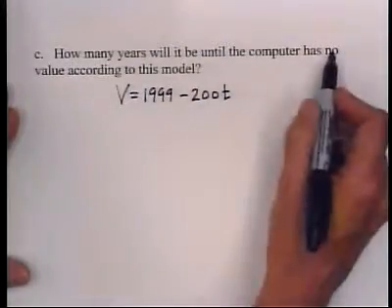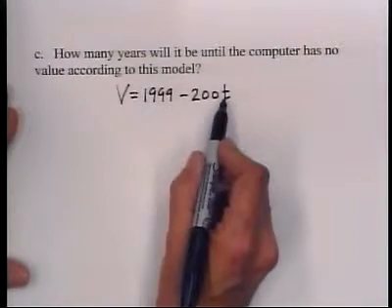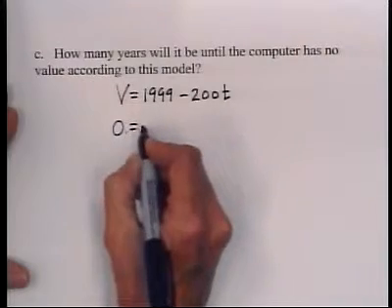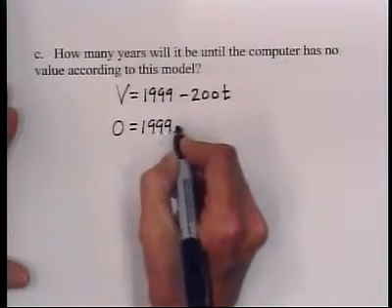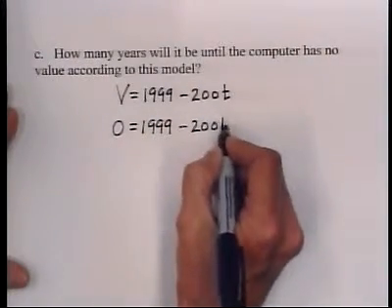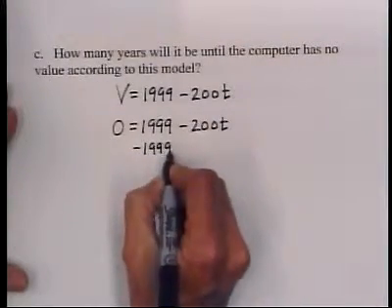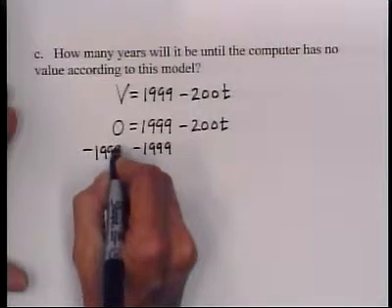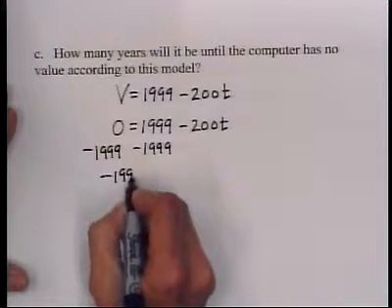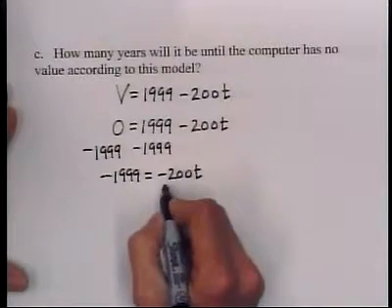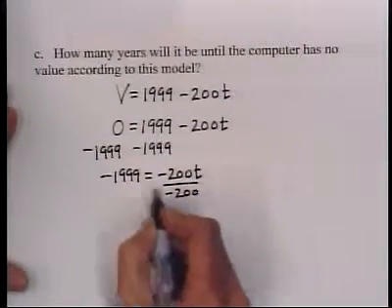When it says has no value, we're interested in finding the time when the value is 0. So let's put 0 for V and solve for t. What we might do first is subtract 1,999 from each side to get negative 1,999 equals negative 200t. To solve for t, divide by negative 200.